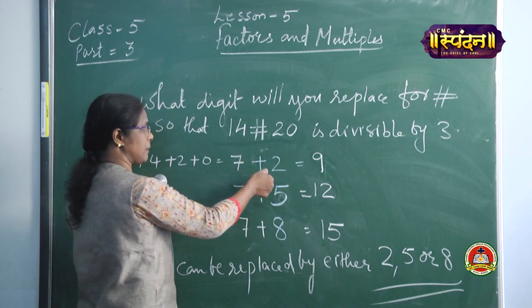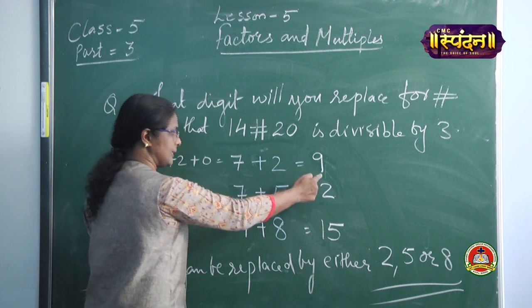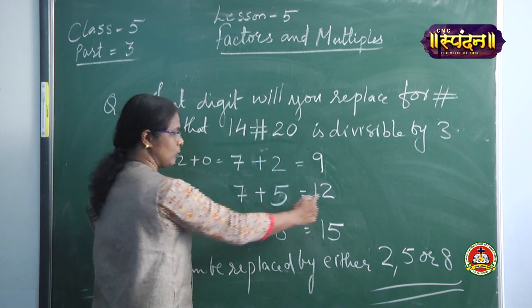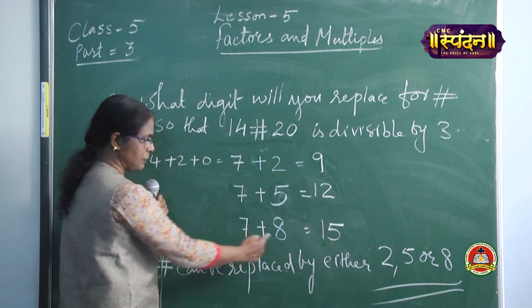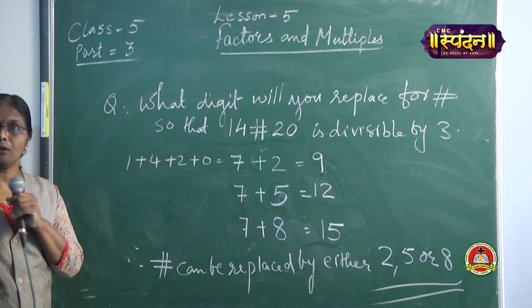That means with this sum, if you add 2, you will get 9. 9 is a multiple of 3. With 7, if you add 5, you will get 12. 12 is also divisible by 3. 7 plus 8 gives you 15. 15 is also a multiple of 3.